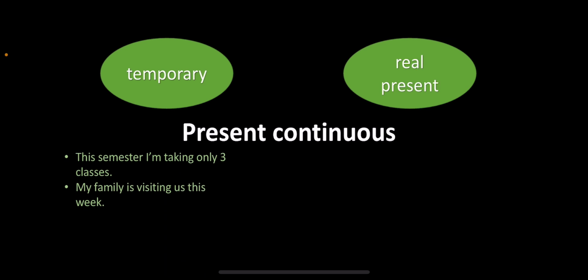I'm taking. So, to express a temporary activity, this semester only, for a period of time, I'm taking only 3 classes. My family is visiting us this week. Another temporary activity, or an activity that is happening for a period of time.